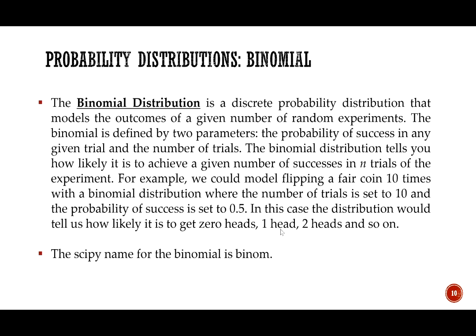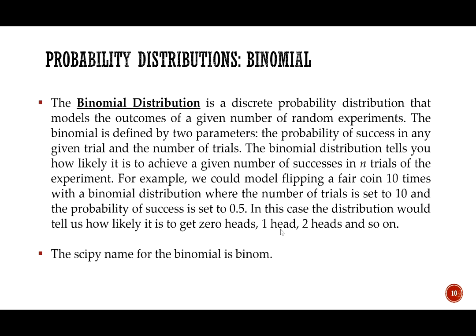The binomial is defined by two parameters: the probability of success in any given trial and the number of trials. So if you consider the case of flipping coins, the probability of success, if it's a fair coin, is 50%, and the number of trials can be 10, 15, 25. The binomial distribution tells you how likely it is to achieve a given number of successes in n trials of the experiment.